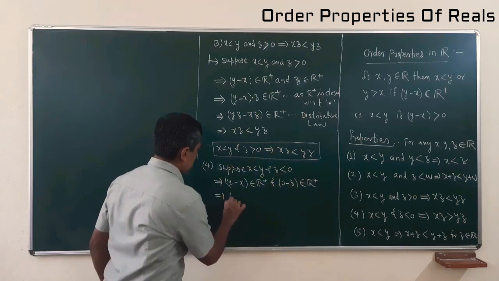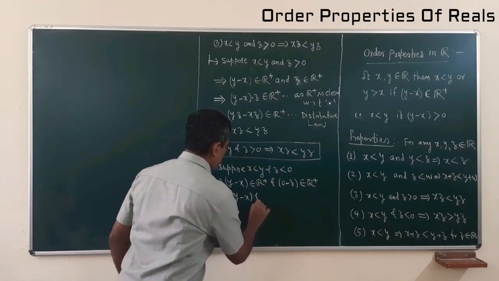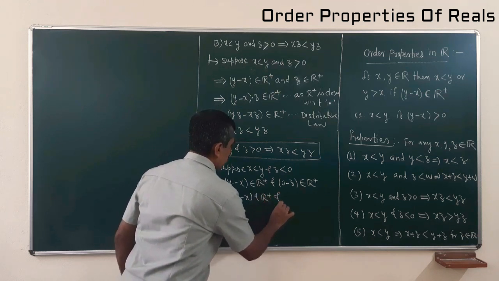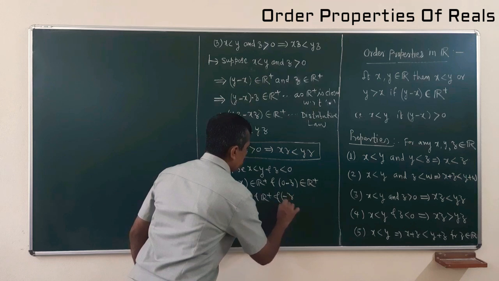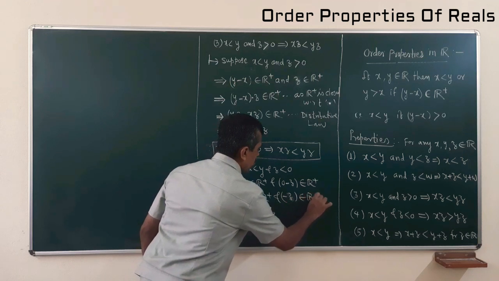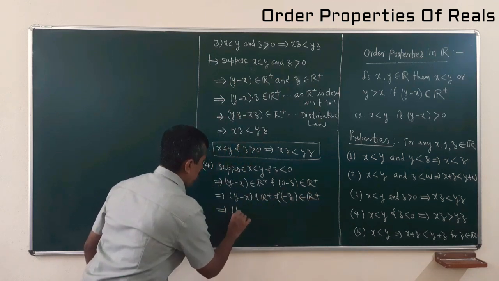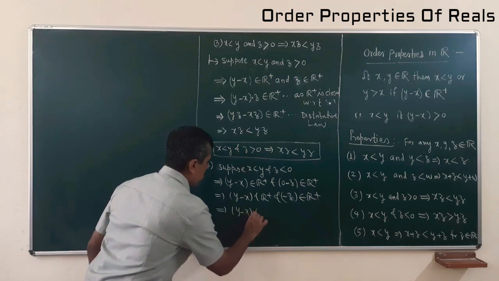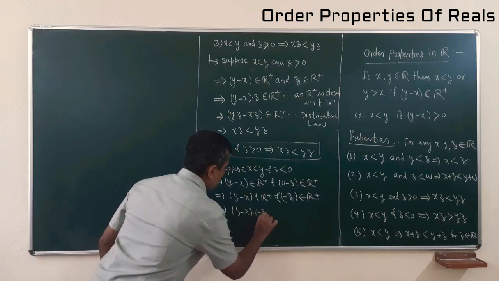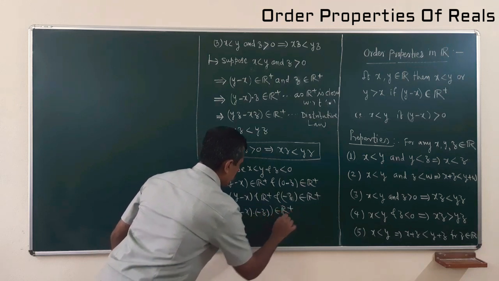This implies y minus x belongs to R plus and minus z belongs to R plus. Take the product: y minus x into minus z belongs to R plus.